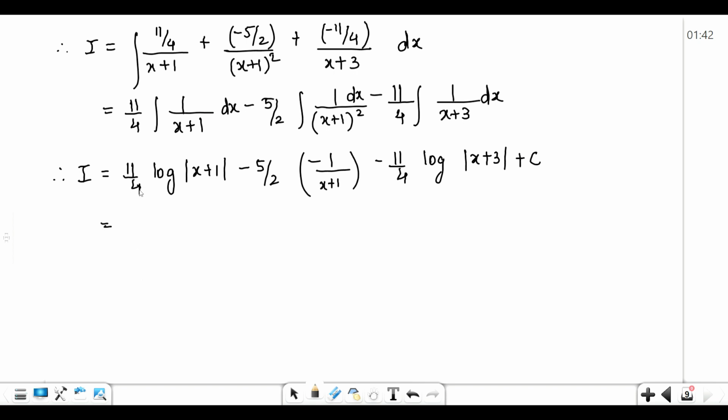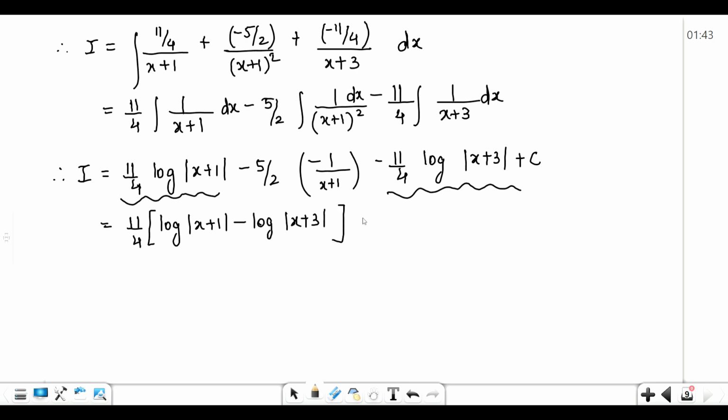We'll take this log term together. Okay, we'll take 11 by 4 common, so that will give you log x plus 1 minus log x plus 3, and this will become plus 5 by 2 1 upon x plus 1. Minus and minus will become plus.